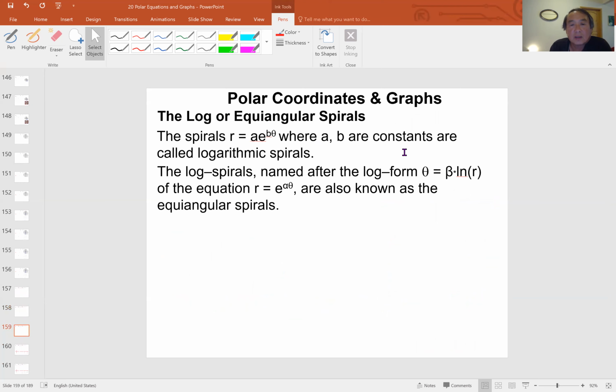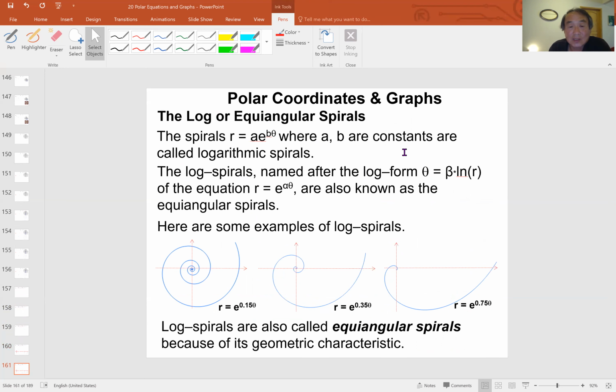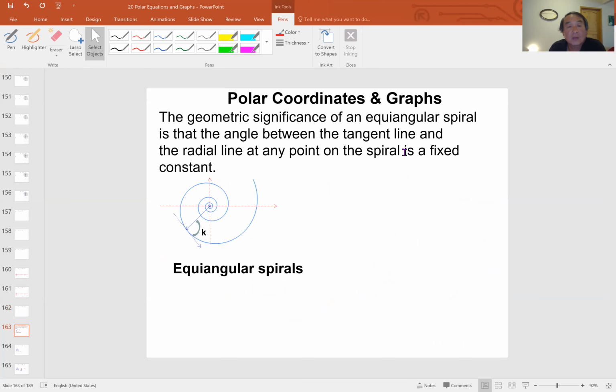Now we have the logarithmic spiral, or the exponential spiral, if you like. These are very interesting spirals because they have the property that if I draw a tangent to the radius, the tangent angle to the radius stays the same.